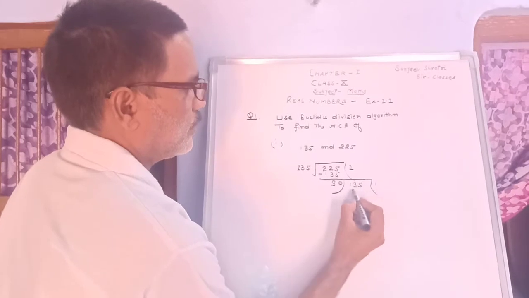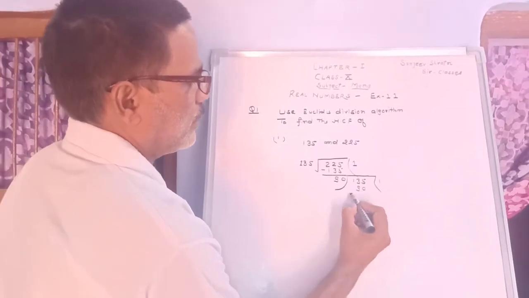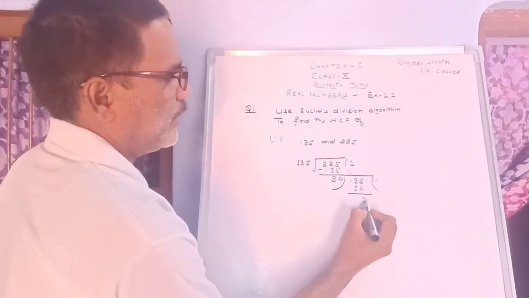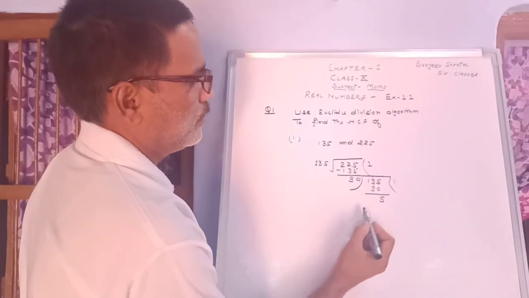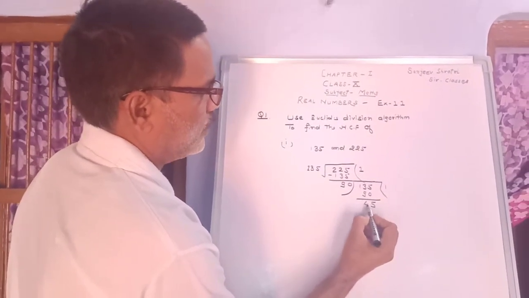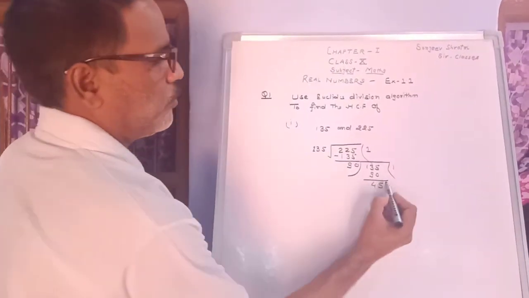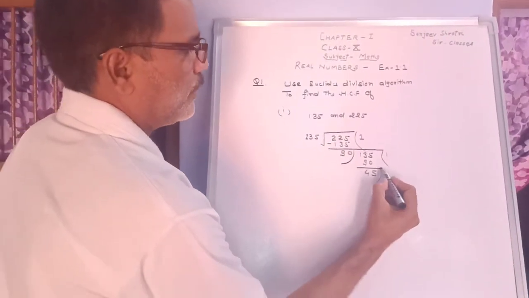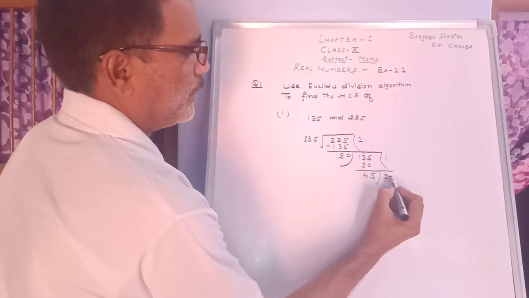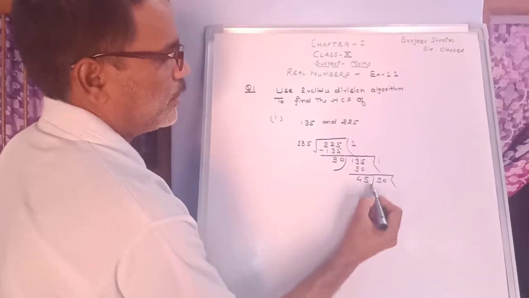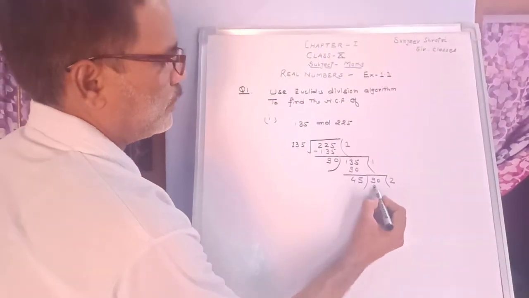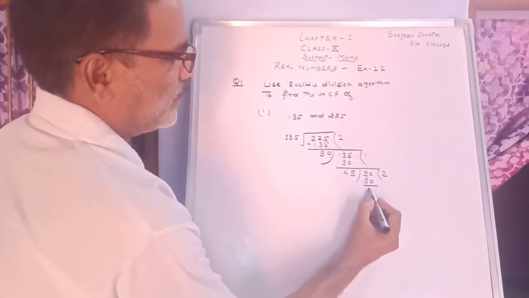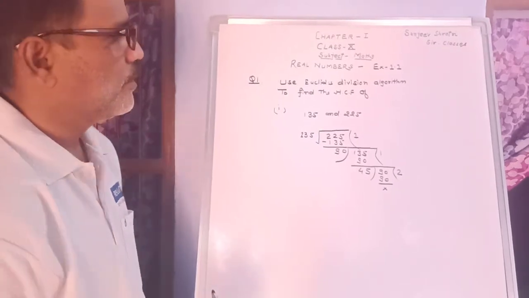We get a remainder 45 here. Now 45 is outside and the bigger number 90 is inside the box, and we divide 90 by 45, and there is no remainder here.